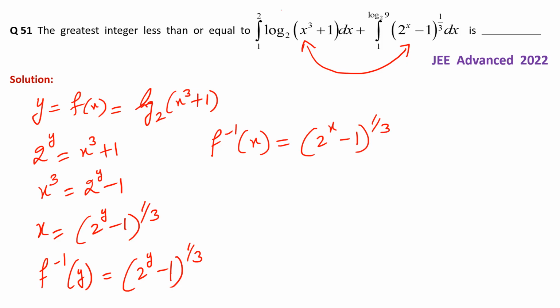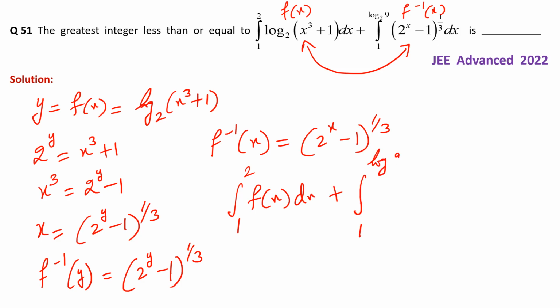That means if this function is f of x, then the function inside the second integral is f inverse x. Fine. Now students, the expression becomes integral 1 to 2 f of x dx plus integral 1 to log of 9 base 2, and inside the integral we have f inverse x dx.